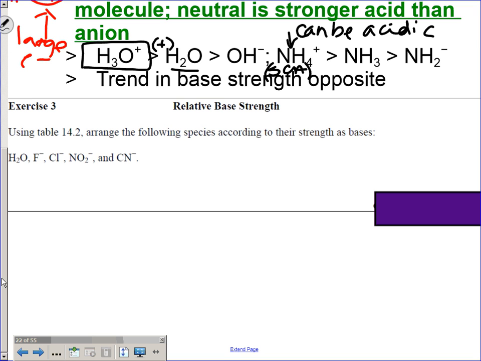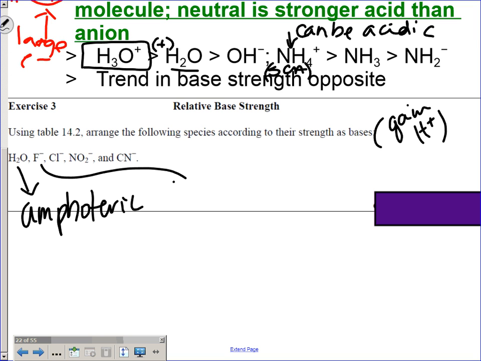Okay, so I arranged these in accordance with their strength as a base. So that means their ability to gain or accept an H plus. So H2O, first off, what's the word that describes it can act acidically or basically? What's the word that can act both ways? Amphoteric, right? That's amphoteric.